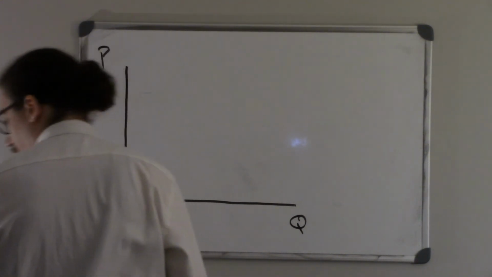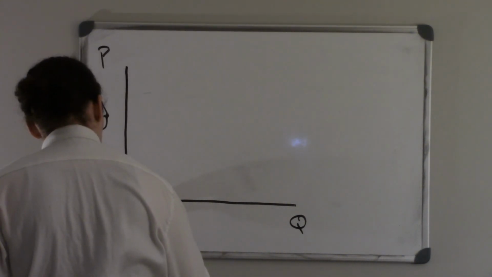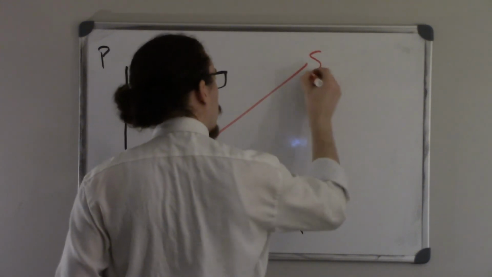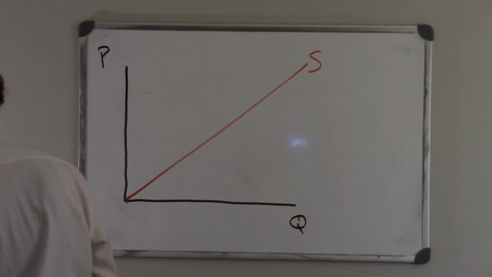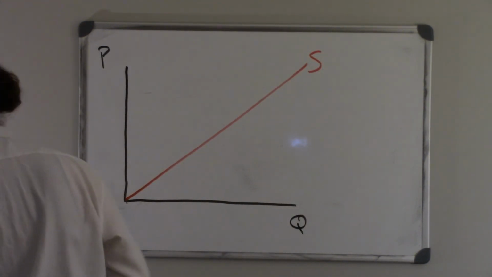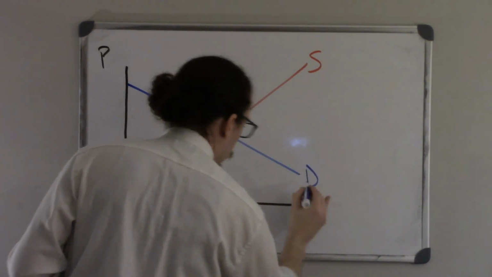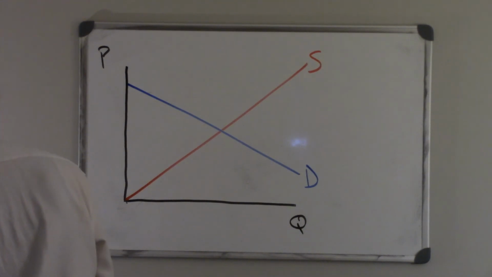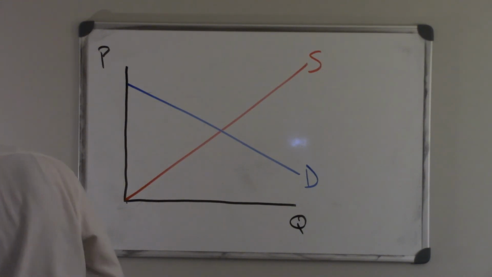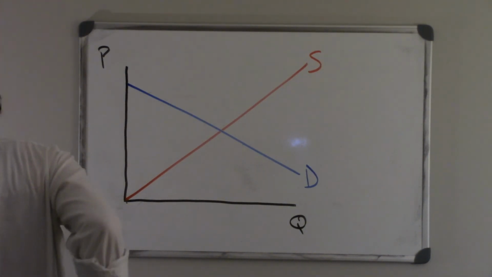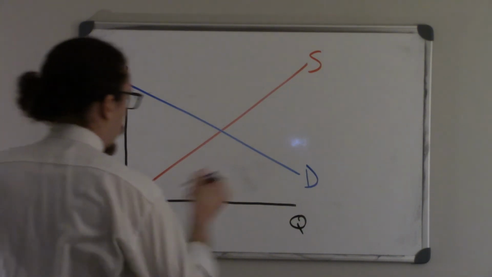We're going to have our supply curve and our demand curve, and then we're going to mark our equilibrium.